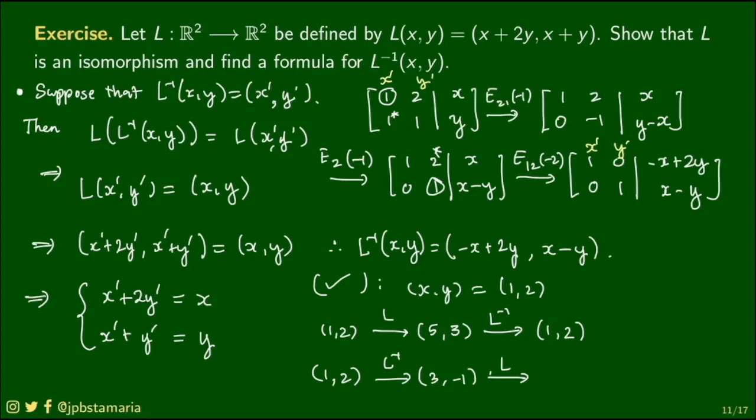L is x plus 2y, x plus y: negative 1 plus 6... that gives 1 and 2. Alright, very well. So it worked for (1, 2), and I hope that it will work for any (x, y). Did you see the idea of the inverse? L and L inverse will undo one another if they are placed side by side.